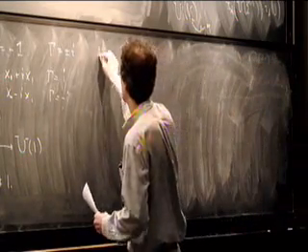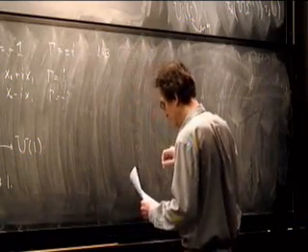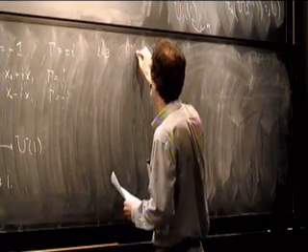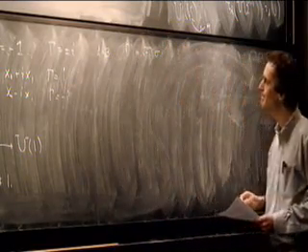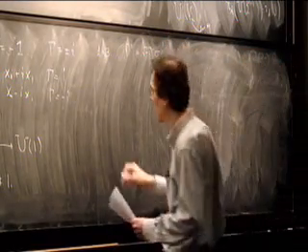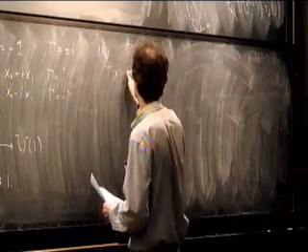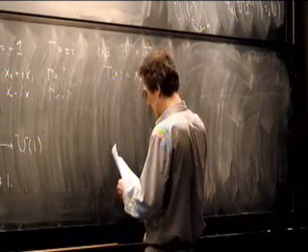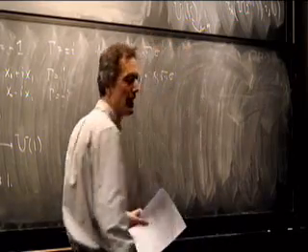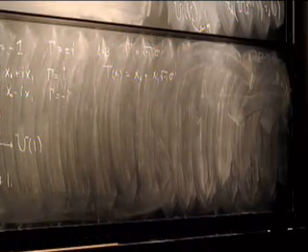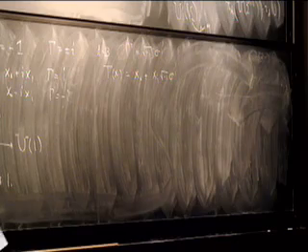Let's take d equals 3. Then we can take the gamma_i's to be the square root of minus 1 times the Pauli matrices. That's a representation. And then we can take T of x to be x_0 plus x_i times the square root of minus 1 sigma_i. Well, that is a representation of SU(2). Okay?